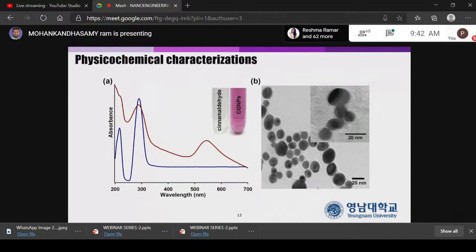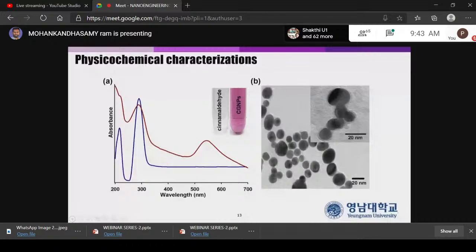This is one example of how we characterize our formed nanoparticles. On the left-hand side, as you all well know, is the normal UV-visible spectroscopy method. The blue line indicates the cinnamaldehyde curve. The important distinction between these two peaks is that you can see there is another peak at 520 to 530 nanometers. That's the peak for gold nanoparticles, a peculiar characteristic of gold nanoparticles.